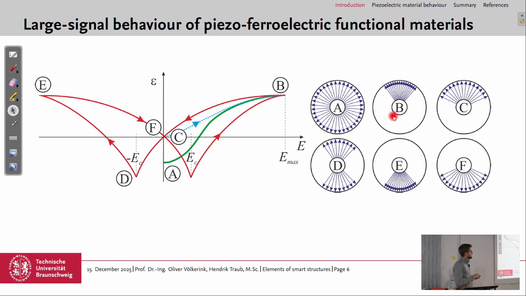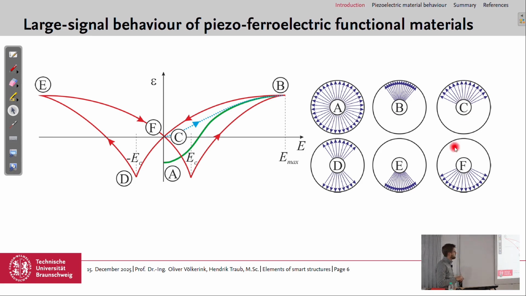We have a really strong polarization in one direction, and if we then remove the field again, we come back to point C. Here we have 0 electrical field, but we still have the polarization of the piezoceramic, not as strongly oriented as with the field applied, but still a usable polarization.